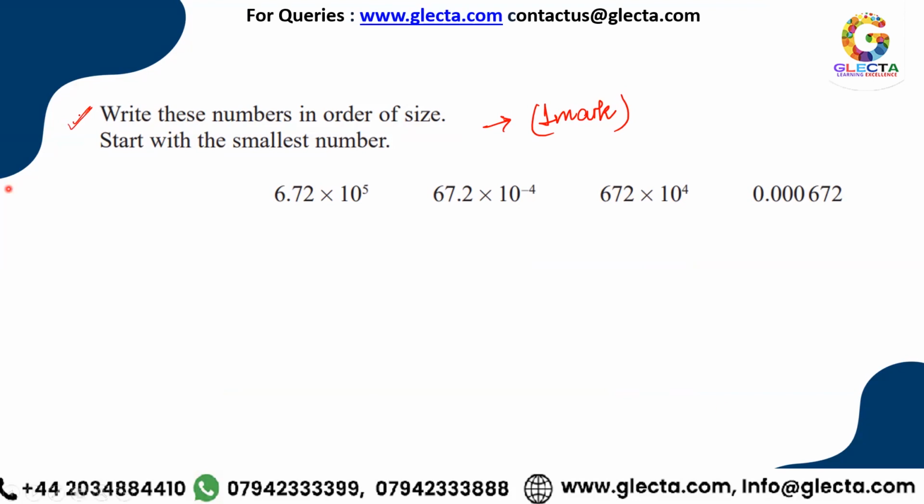There is always a 1 mark question like this from standard form. Write these numbers in order of size, starting from the smallest. So you need to convert them in such a way that you are able to compare them. So convert all of them in standard form. Standard form is when you have the first number between 1 and 10, right? And the second number is some 10 to the power n.